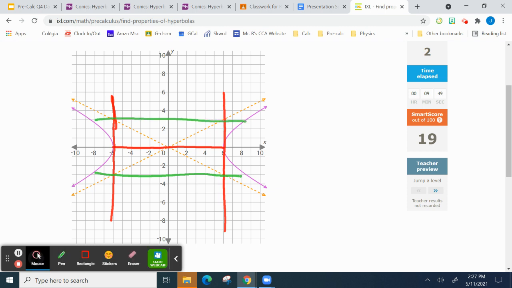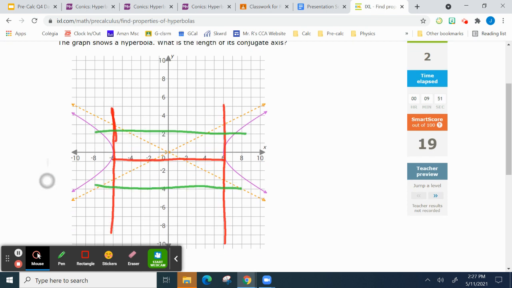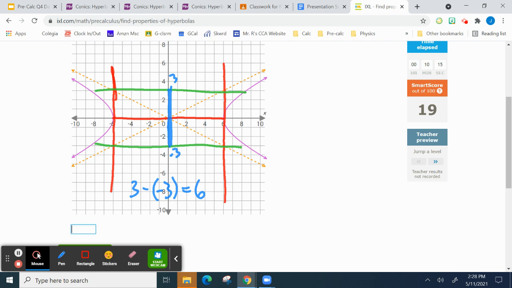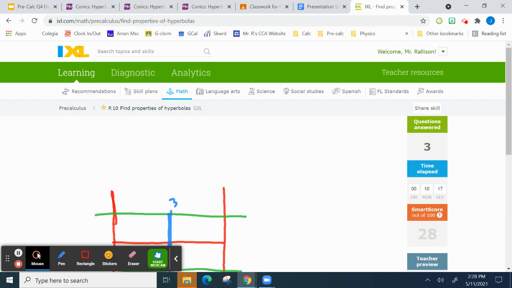So our conjugate axis is this piece right here, right? And that goes from, let's see, so that's y equals -3 down there, and that's 3. So we'll go 3 minus, we'll go the top one minus the bottom one. That's going to equal 6. So that's the length of the conjugate axis, is 6.